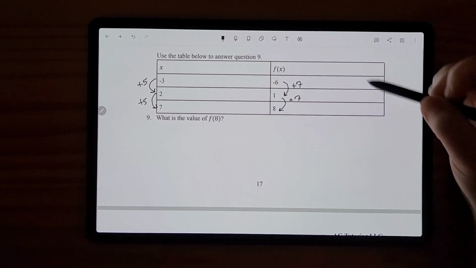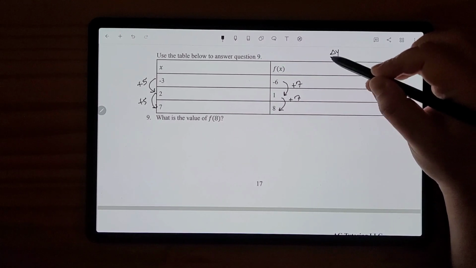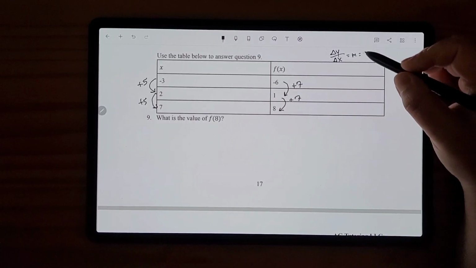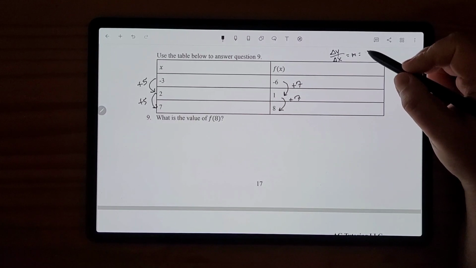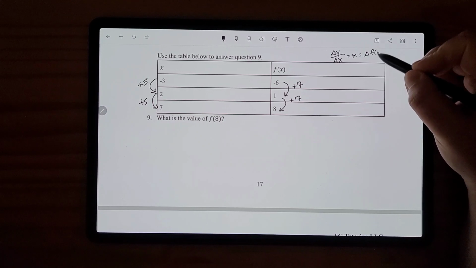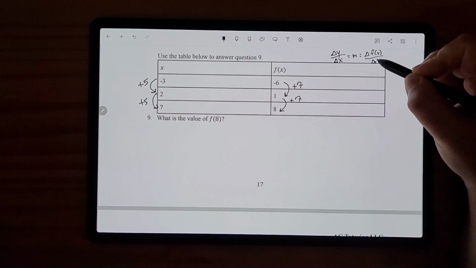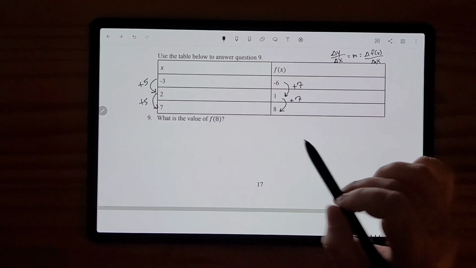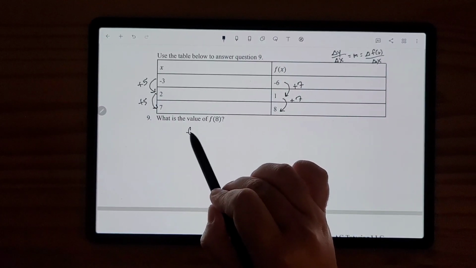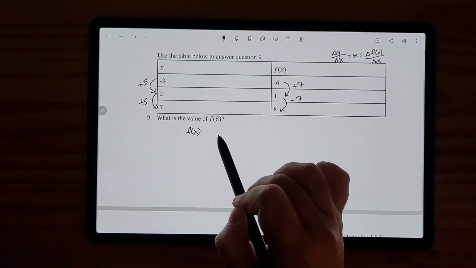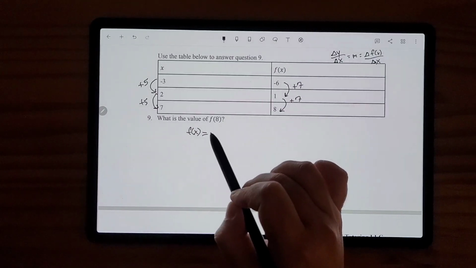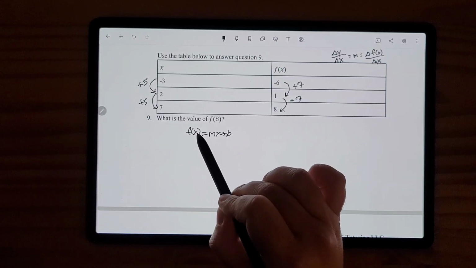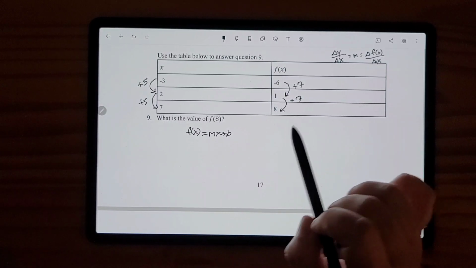So we know that the change in y over the change in x is referred to as the slope. And remember, y you can think of as the same thing as f of x. So we could also say the change in f of x over the change in x represents our slope for a linear function. Now, a linear function is basically y equals mx plus b, but instead of y, you write f of x.